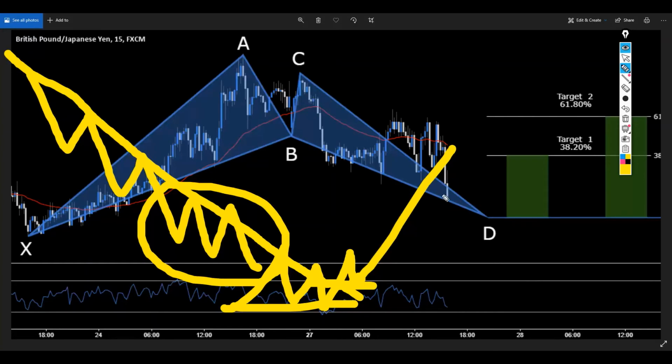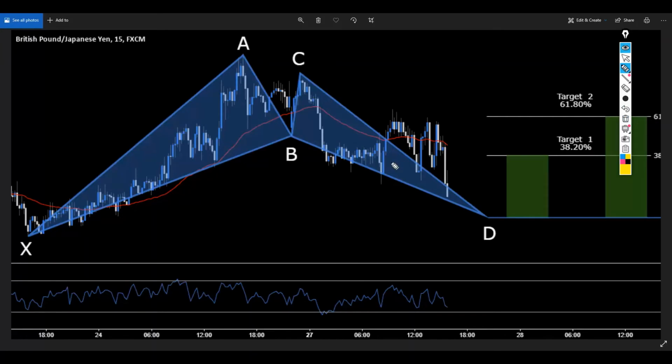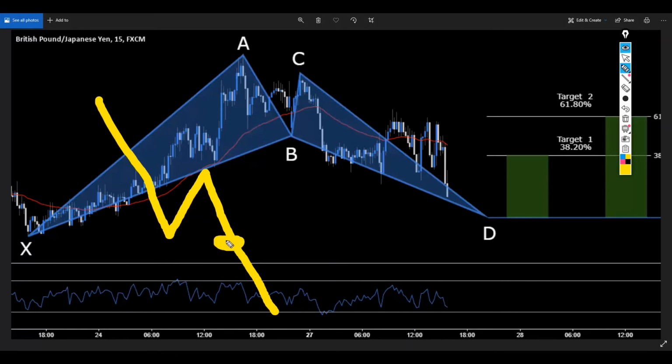Again, it is essential, very critical, to know where we are in the market. For example, if we are going like this and you see the pattern form somewhere here, the probability of success is quite low, because the market is only halfway and most likely it's going to go lower.